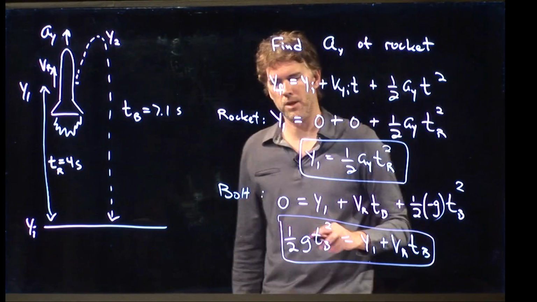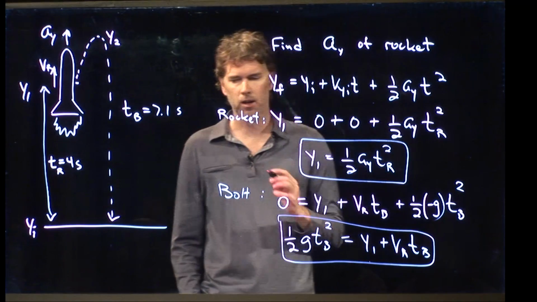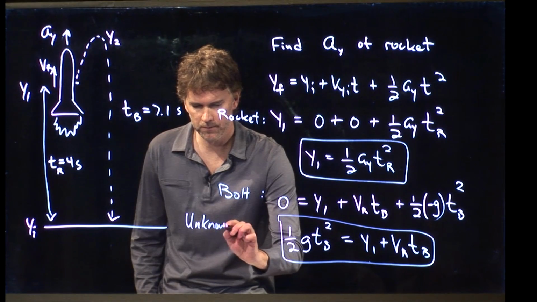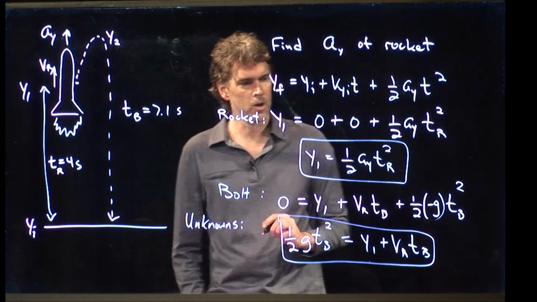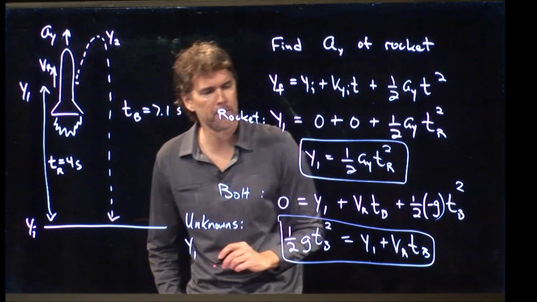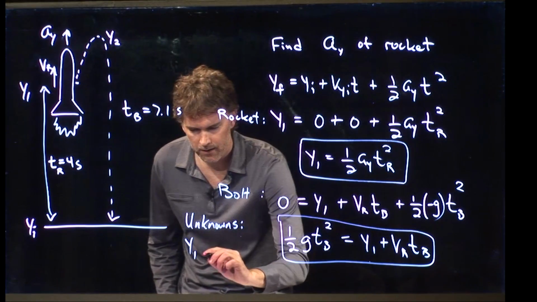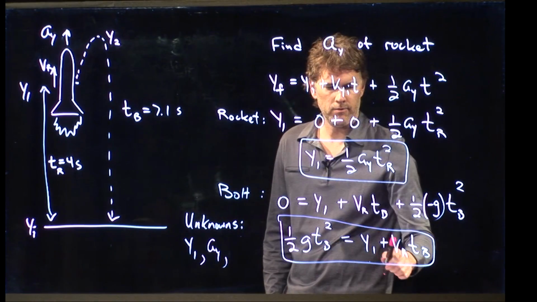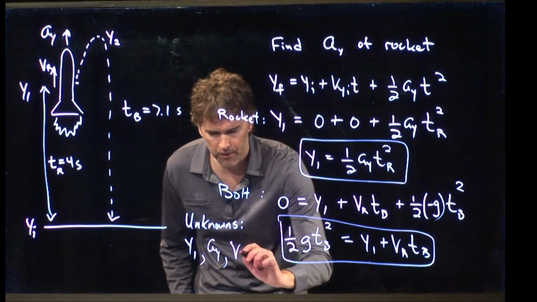But let's just put a box around this equation, and let's identify what the unknowns are at this point. y1, we don't know that. ay, we don't know that. v sub r, we don't know that.